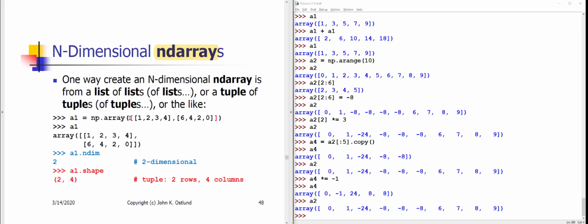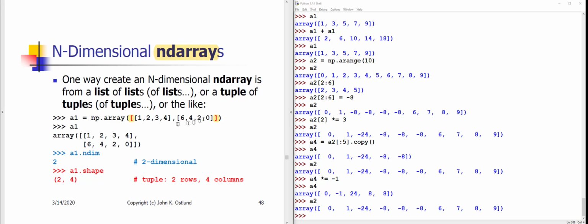For example, I can use a list of lists, or a list of tuples, or a tuple of lists, or a tuple of tuples if I wanted to create a three-dimensional ND array. This particular example here is creating an ND array that is two-dimensional. It has 2 rows, and each of those 2 rows has 4 columns.